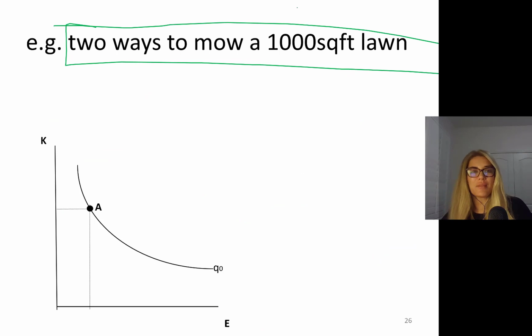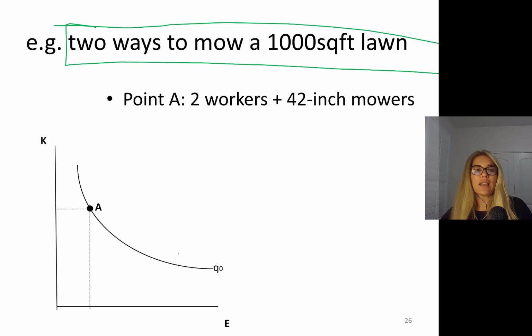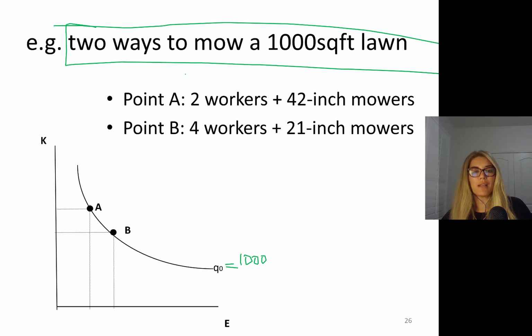This is a really cool example. There are two ways to mow a 1,000 square foot lawn. Look at point A and point B, in terms of capital and labor.